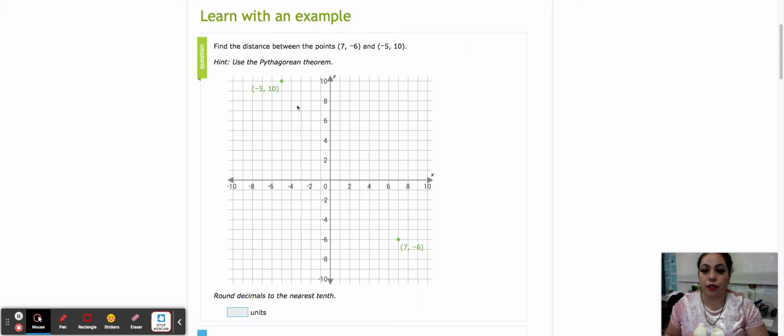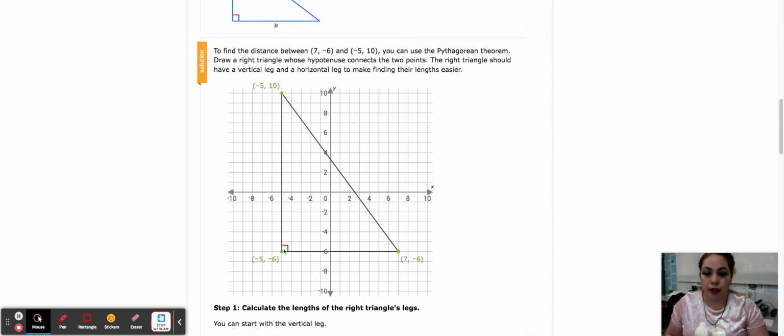So on the first one right here, this is what they're going to give you. You're going to draw a right triangle. So right here, you're going to go straight down, and from 7, -6, you're going to go straight horizontal, right? And they're going to meet up exactly at -5 and -6.